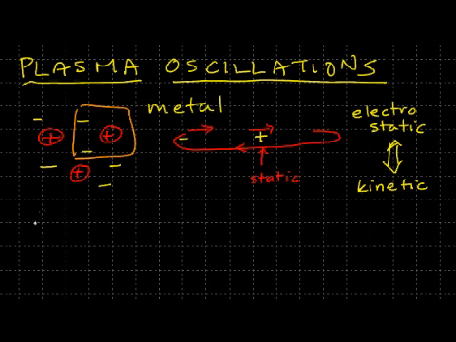Now in a more mathematical sense, you can look at the stored potential energy in the electrostatic system. But to do that, first you need to make a guess at the amount of charge and the separation of the charges. And so we'll just guess the electron charge, because these are free electrons that are moving.